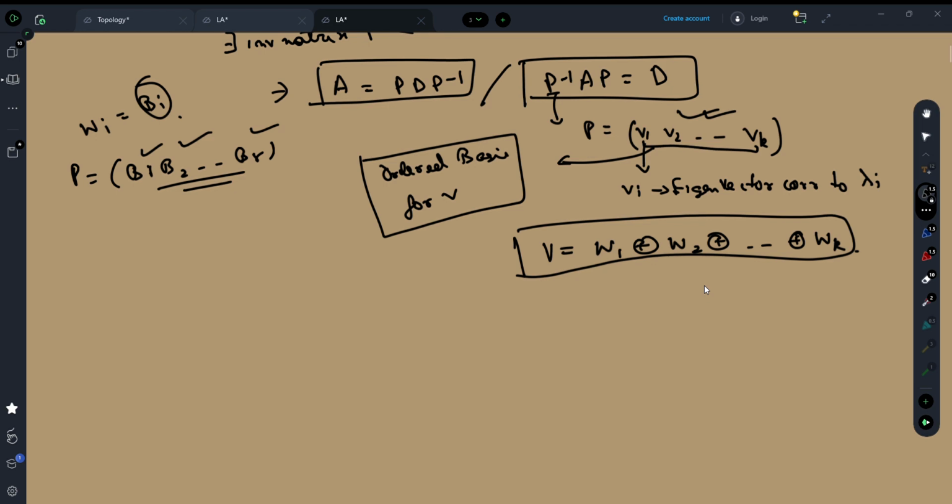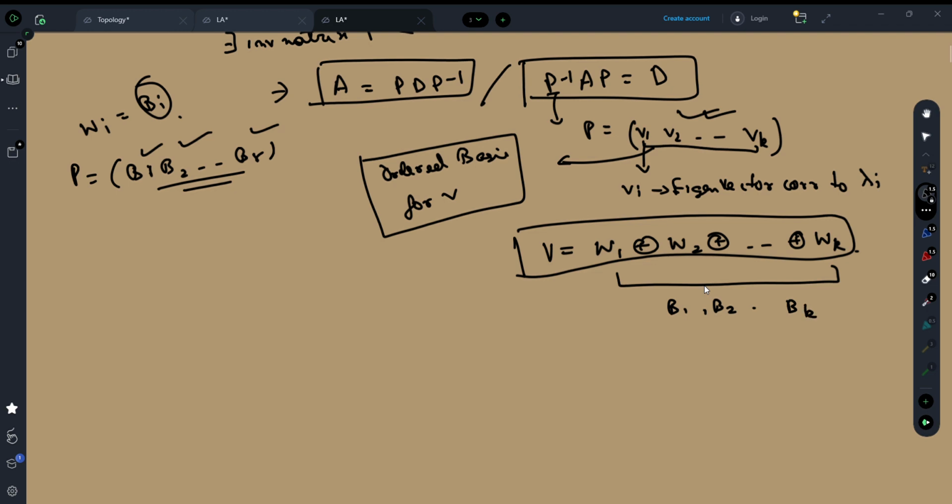The sole reason is that the basis elements which you take from each of the eigenspaces associated with that linear operator are not enough to give you an ordered basis for the vector space V. That is, suppose you have k eigenspaces, and you take the basis elements from each of these eigenspaces, so you get b1, b2.